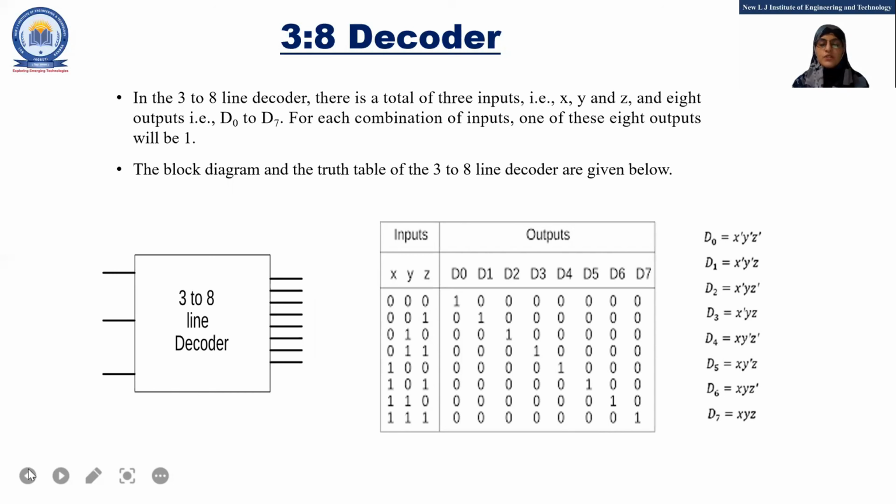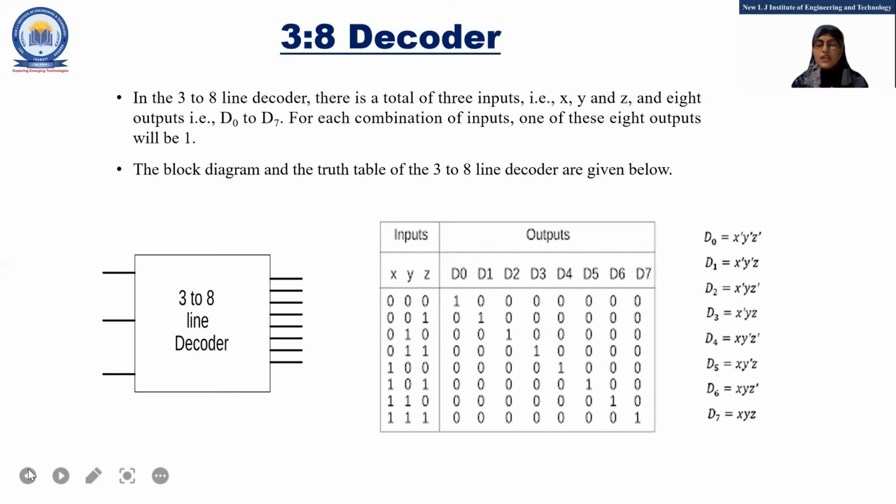The inputs will be X, Y, Z, with combinations from 0, 0, 0 to 1, 1, 1. For combination 0, 0, 0, the output D0 will be 1, and for combination 1, 1, 1, D7 will be 1. Same for all the other inputs.